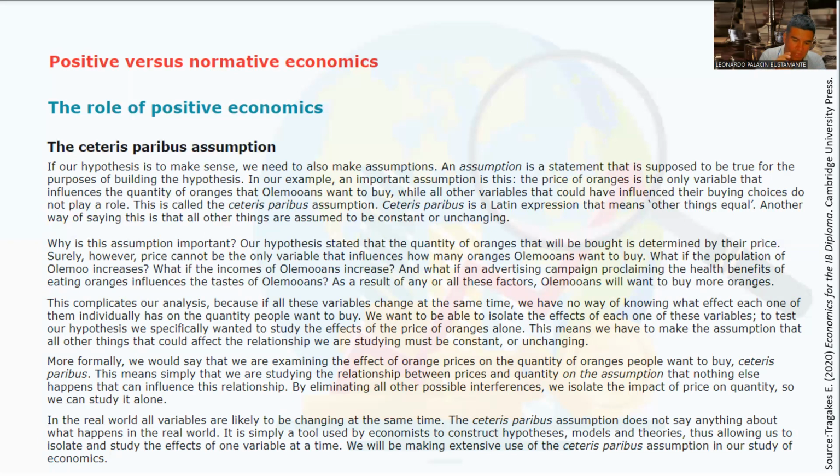This term is simply a tool that economists use to build these hypotheses, models, theories. And this allows us to isolate and study the effects of one variable at a time. So we will be making extensive use of the ceteris paribus assumption in our study of economics, okay?